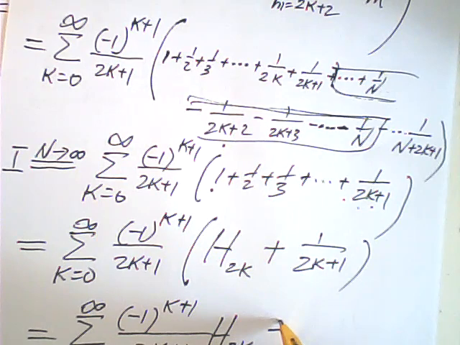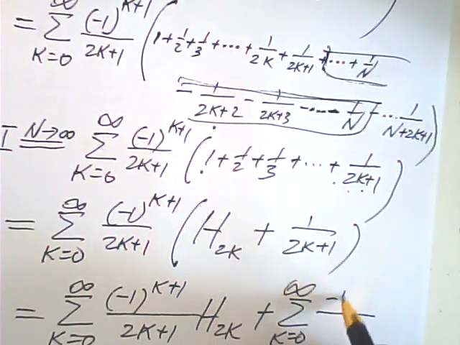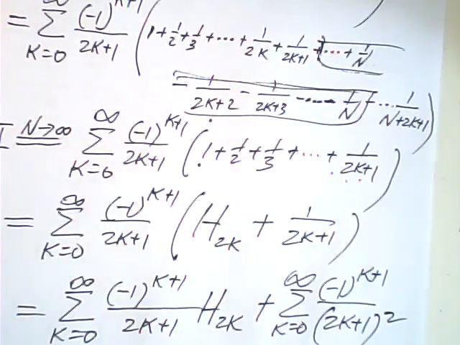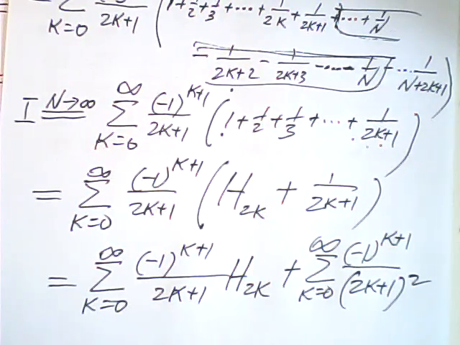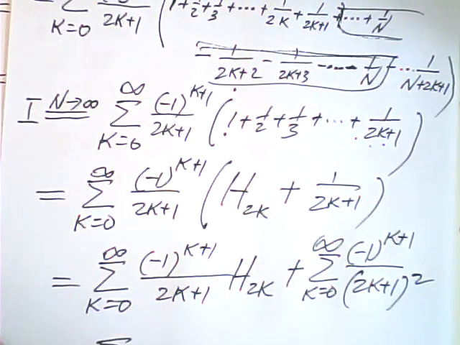And the other one is the sum over k equals 0 of negative 1 to the k plus 1 over 2k plus 1 squared. All right. Good. So this one we need to discuss separately.